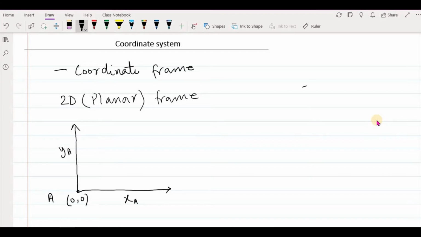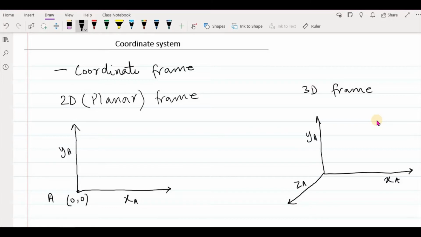And then we can also have a 3D frame, which will look like this, where all three lines are orthogonal to each other. So we have XA, then we have YA, and we have ZA.